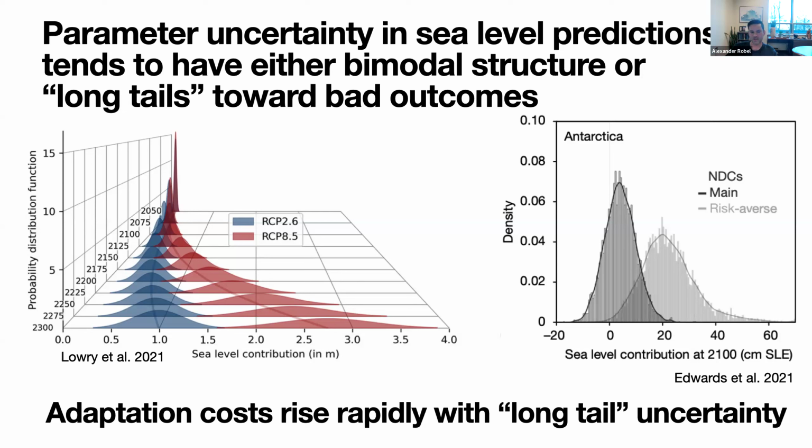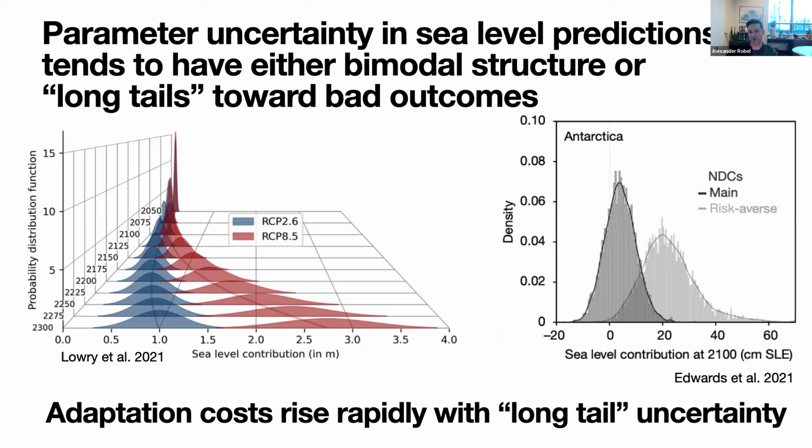And this is important because the cost to adapt to future sea level rise, or to prepare for future potential sea level rise, increases with the long tail of uncertainty, not with the mean of uncertainty. That is, if you are in a coastal community and you're a planner trying to build infrastructure or a power plant or something like that, you're generally going to build so that there's a low probability of inundation, particularly if the infrastructure is critical or risky, or rather there's a very bad outcome if it gets inundated.